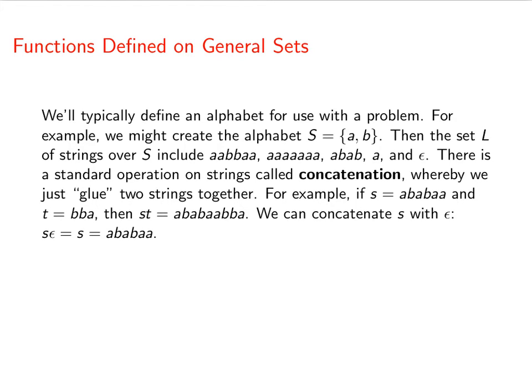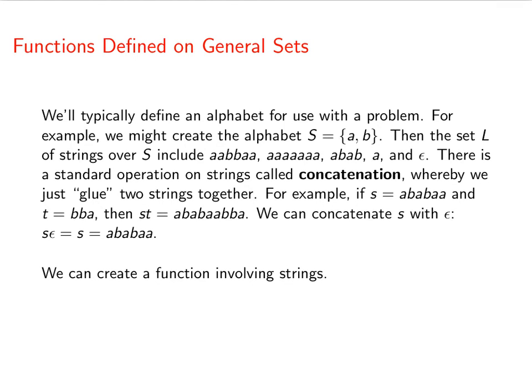We could concatenate S with the empty string, but then we don't get anything new. So S concatenated with epsilon is equal to S, and so that's just ABABAA. So that concatenation, you write it in such a way that it looks like you're doing multiplication, but we're not multiplying. It's a concatenation.